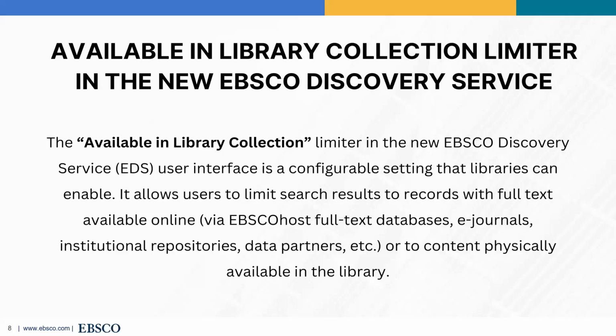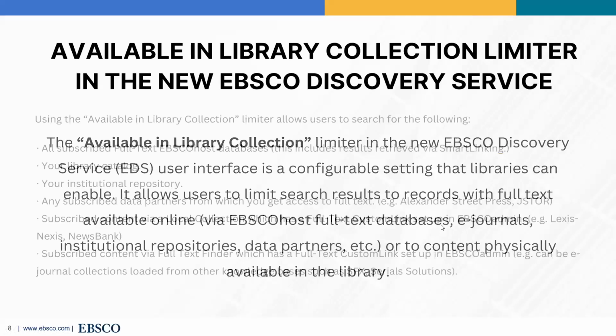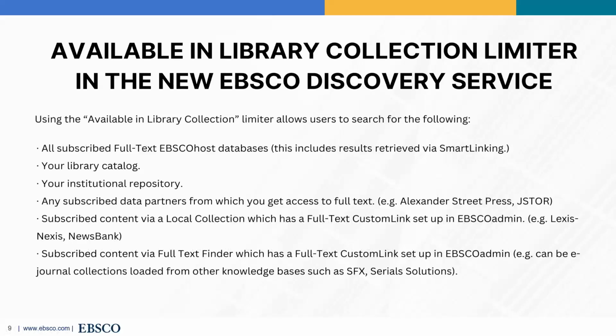It could be coming from your EBSCOhost databases, your e-journals, your institutional repositories, or even resources available in your library's catalog. Again, please keep in mind that this is a configurable setting, meaning it can be enabled or disabled based on your library's preferences. By using this filter, users will be able to search for the following.